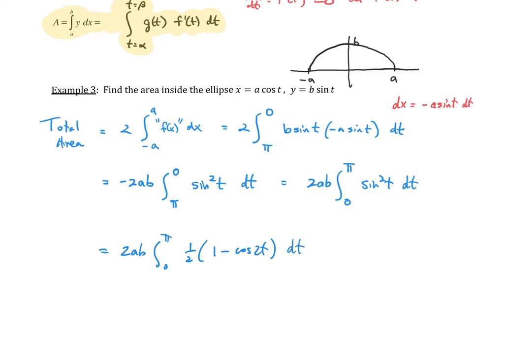Here you can see that I'm going to have the 1/2 in my integrand. It's going to cancel out with the 2 in front. So I'm left with ab times the integral from 0 to pi of 1 minus cosine 2t dt.